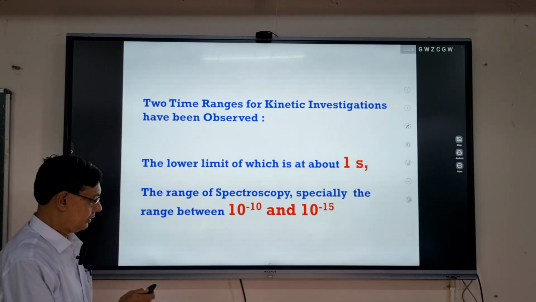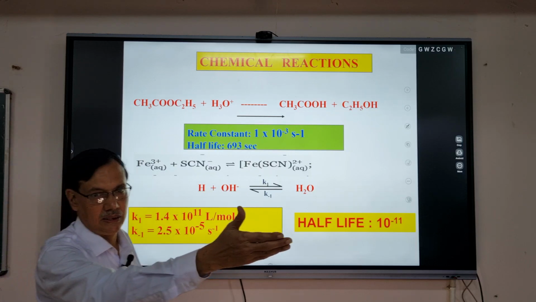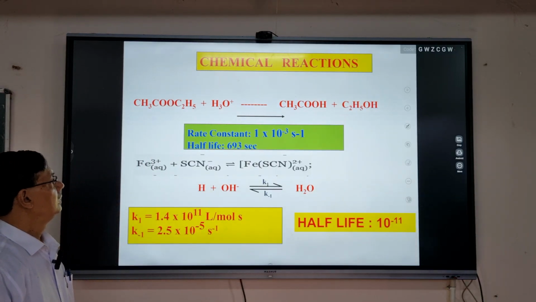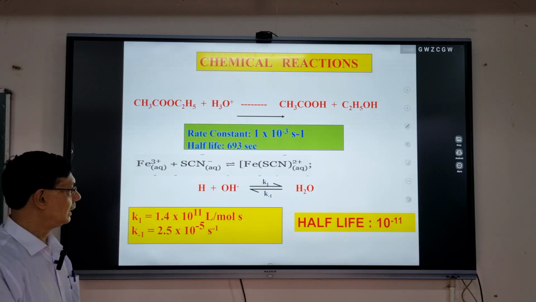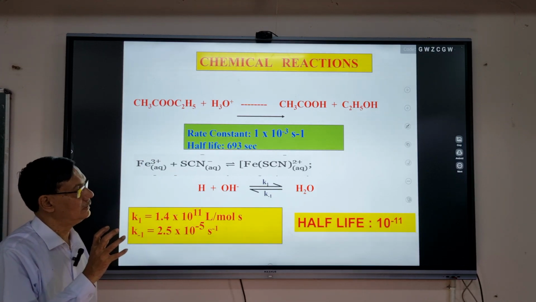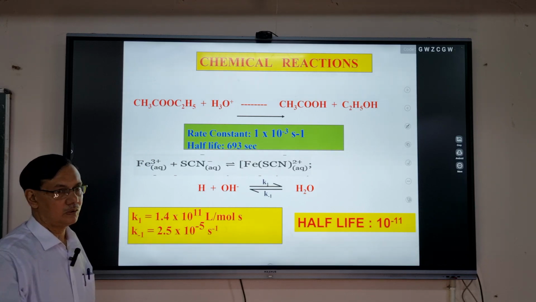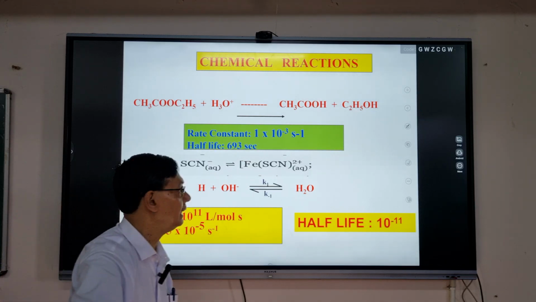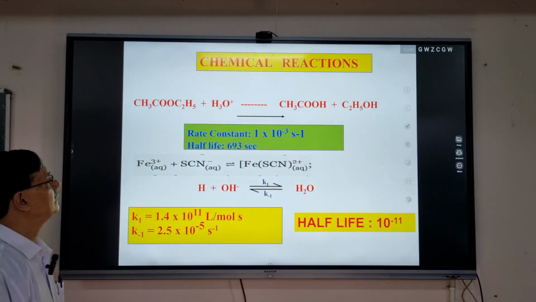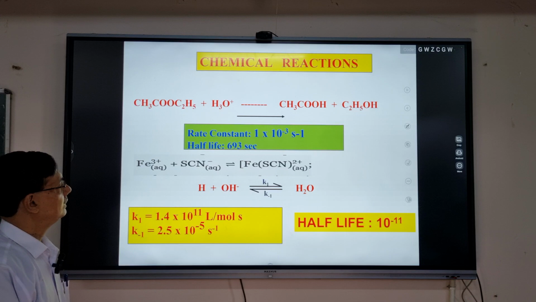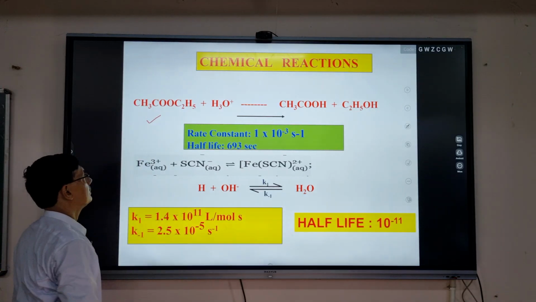So let us give one simple example. Why am I giving this example? Because you can understand the things. Hydrolysis of methyl acetate is a very common reaction.